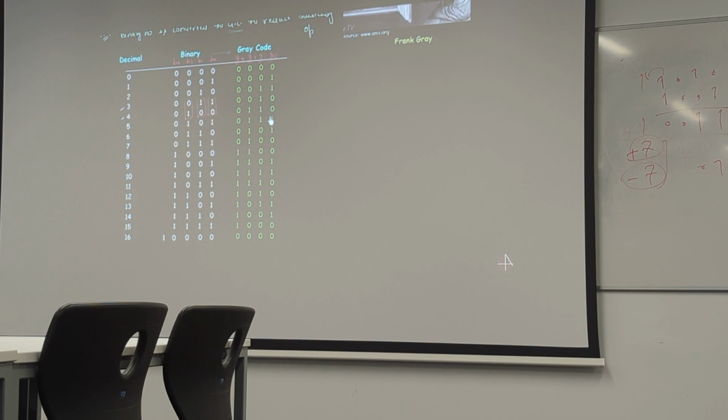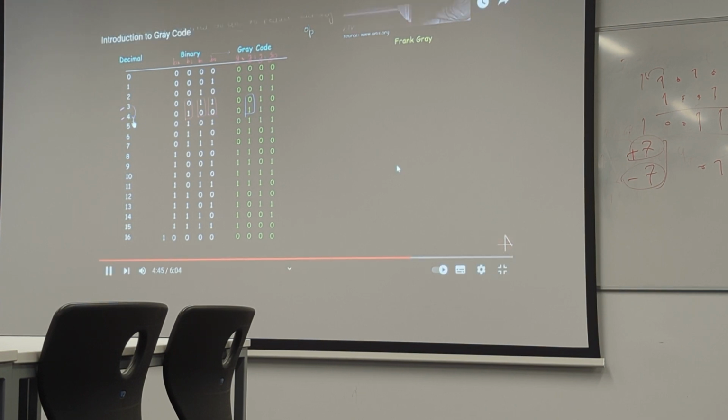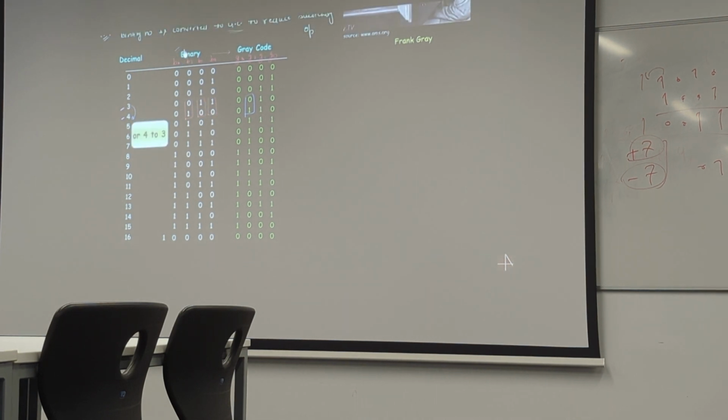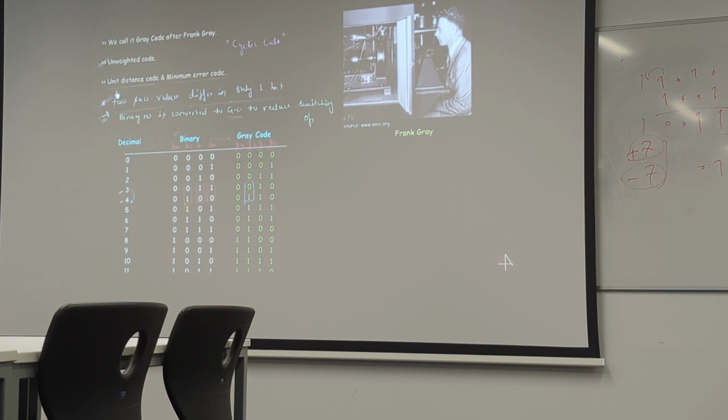G0 is same, G1 is same, G2 is changing from 0 to 1, G3 is same. So you can clearly see, to switch from 3 to 4, we need to change 3 bits in case of binary, whereas in case of gray code, we only need to change 1 bit. That's why gray code is called unit distance code, and switching operation is reduced in case of gray code.